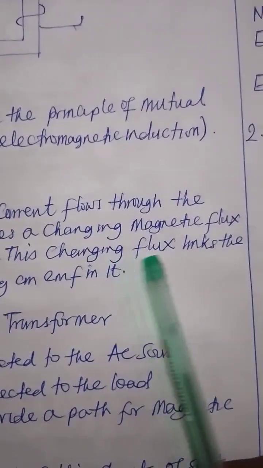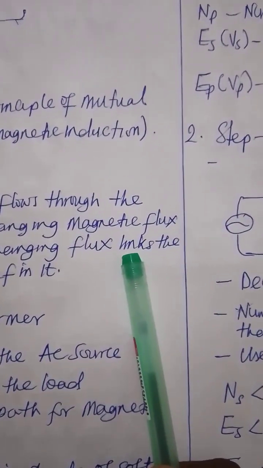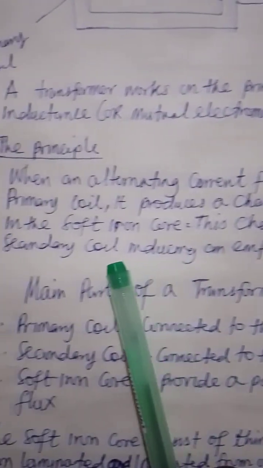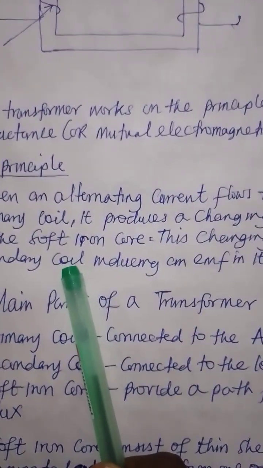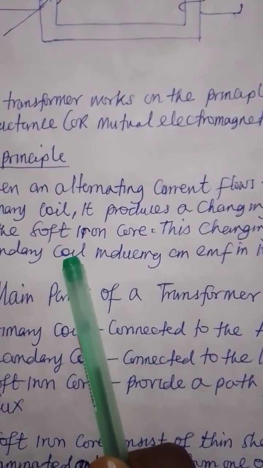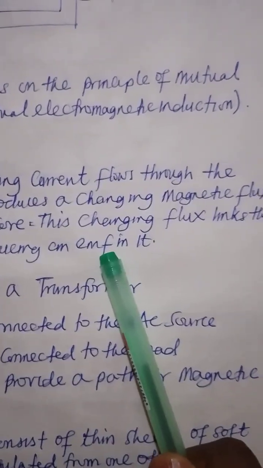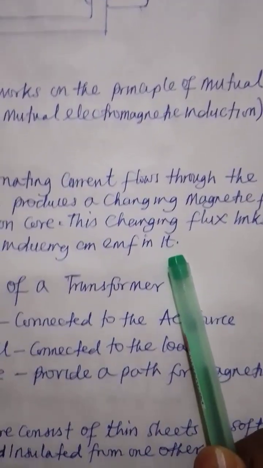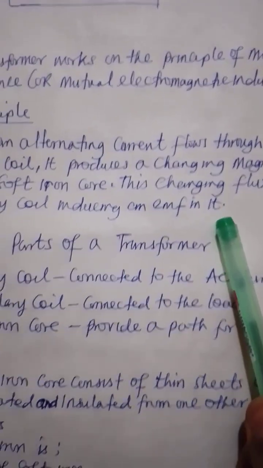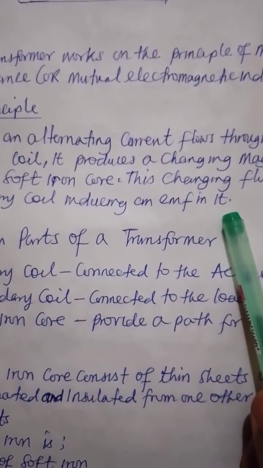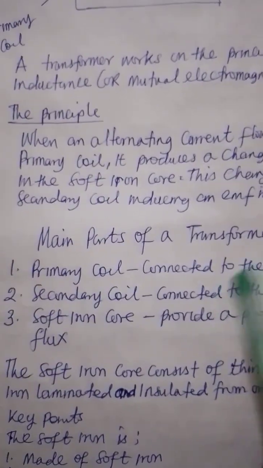This changing flux links the secondary coil by mutual inductance, thereby inducing an EMF in it. So this is a brief way of describing the principle of operation of a transformer.